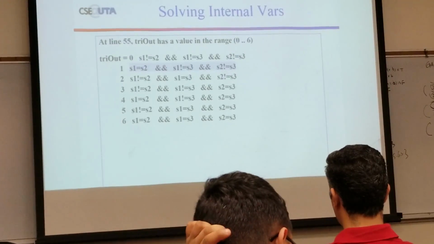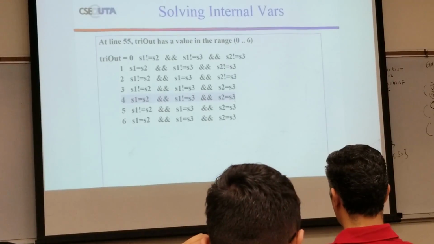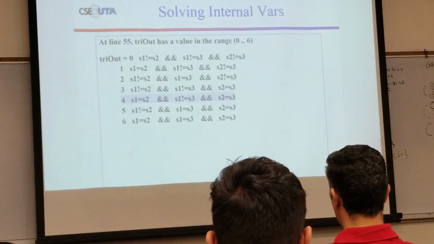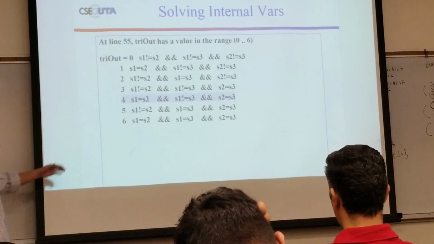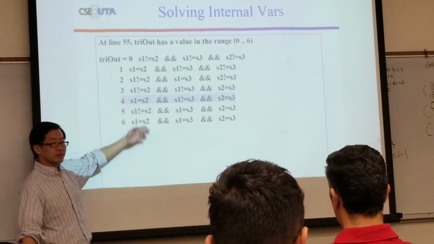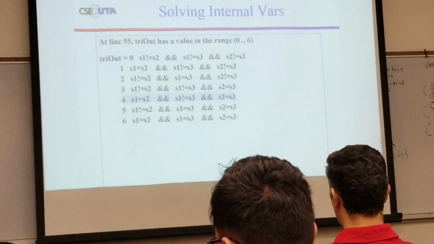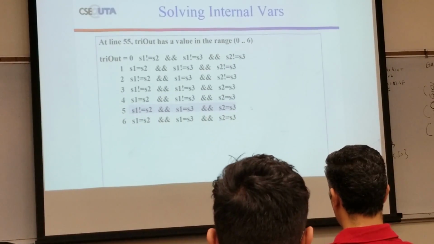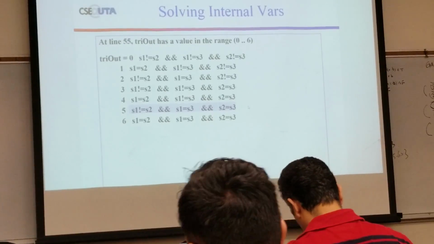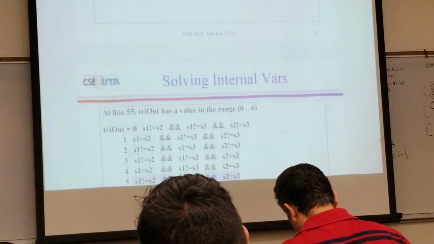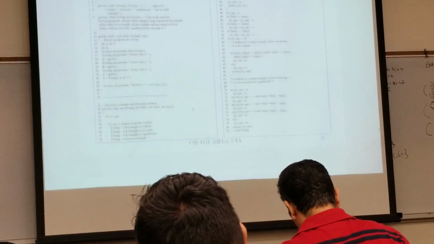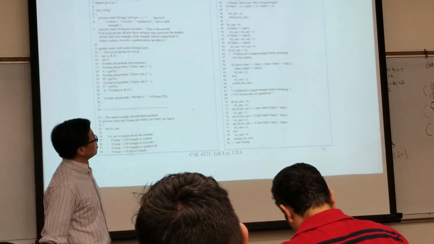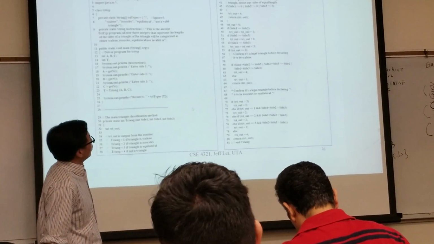So I do want to point out, if you look at this condition, this condition is a contradiction, right? You can never have it. And 5 is also a contradiction. You cannot have 4 and 5. So if you look at the program, you can say there's no way for tryout to be 4.